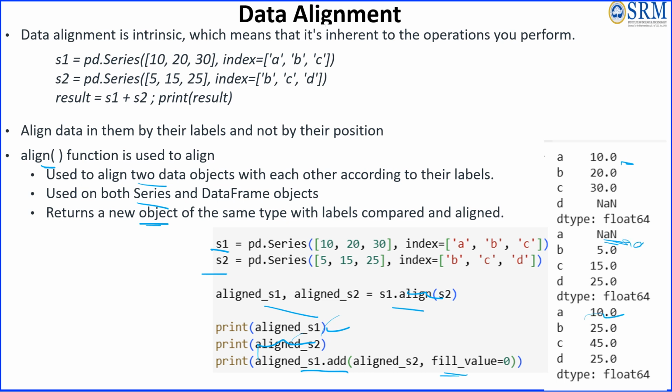Next, B is 20, and here B is 5, so 25. Next is 30, and this C is 15, so 45. For D it is NaN, so replace with 0. 0 plus 25 is 25. So this is called data alignment.